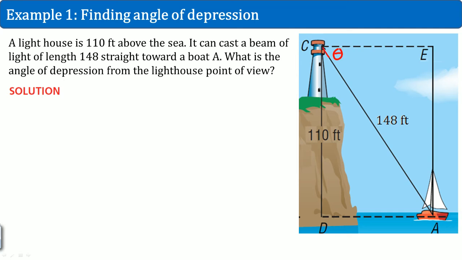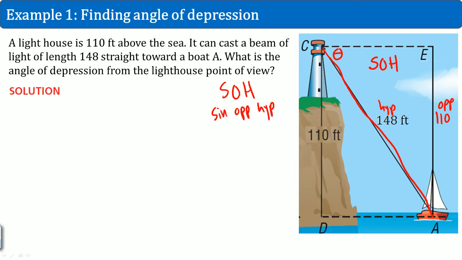We have this triangle. We have 148 as the hypotenuse. We need to know these two sides. We know that this is also 110 because it's just a triangle after it gets reflected, and this is your opposite. We know opposite and hypotenuse is going to be SOH, which is sine, opposite, and hypotenuse.